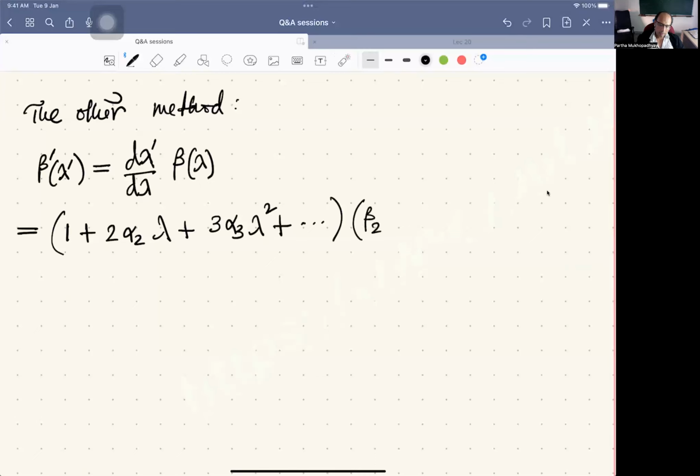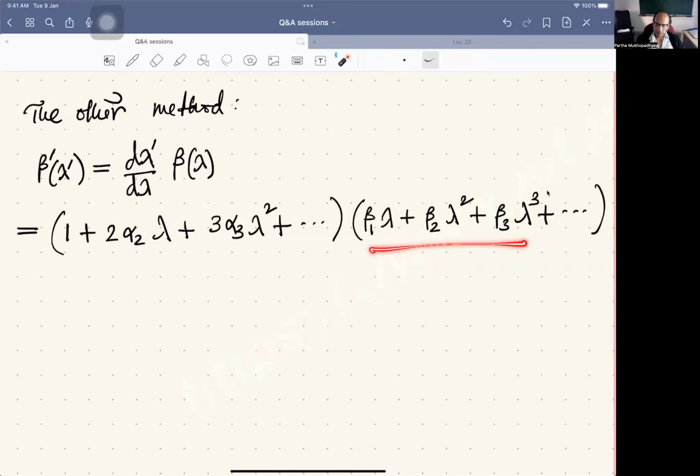And then this one is beta 1 lambda plus beta 2 lambda square plus beta 3 lambda cube, and so on. Since this factor starts with an order of lambda, I have to expand this factor only up to lambda square, because the lambda cube term will give you at least lambda to the power 4, which we are neglecting.